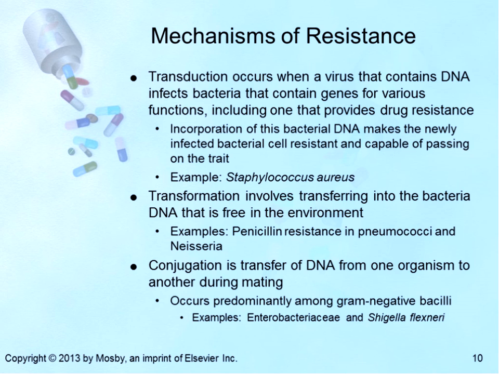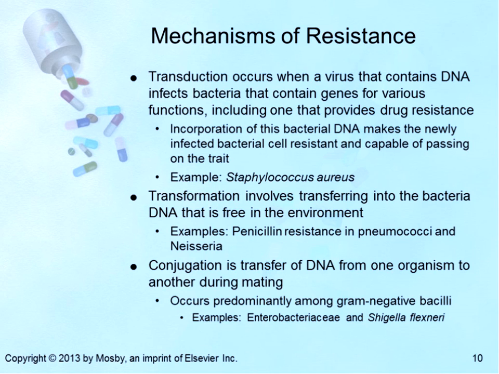The virus that infects the bacteria contains plasmids of bacterial DNA that contains genes for various functions, including one that provides drug resistance. The incorporation of this plasmid makes the newly infected bacterial cell resistant and capable of passing on this trait of resistance. So once one bacteria is resistant, then it can transfer this through replication.